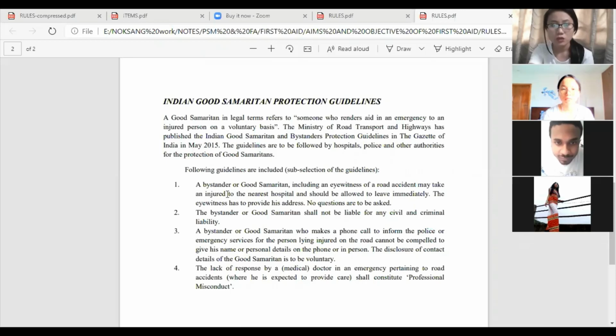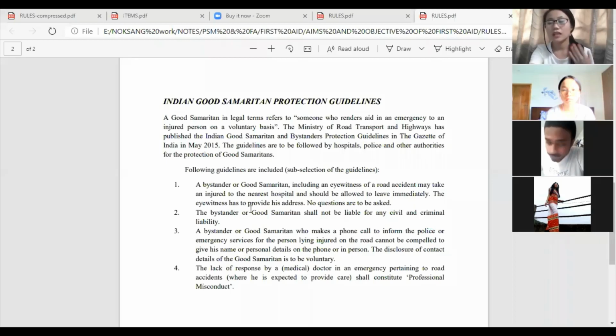Understand? The first one, what you can see is that if there is any eyewitness at the time when the road traffic accident has taken place, the injured person or the victim or the casualty should be taken to the nearest hospital. You have to take that victim to the nearest hospital and follow the guidelines as well. And the eyewitness should never leave.